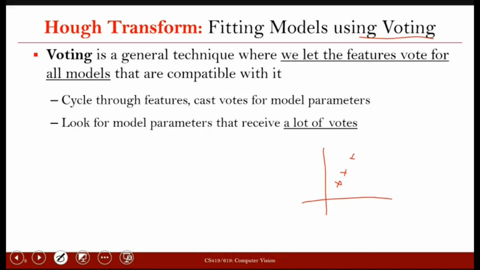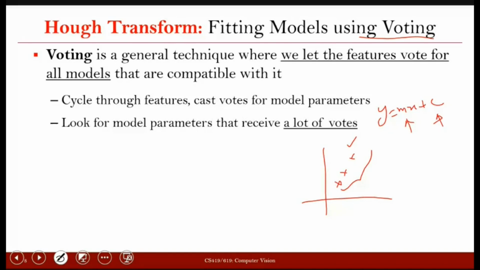Here our model is the line, so our objective is to find out the parameters that can define a line which passes through these 3 points. Let us say your line equation is y equal to mx plus c, then given these points (x1, y1), (x2, y2), (x3, y3), we want to find out the values of m and c for which the corresponding line will pass through these 3 points.